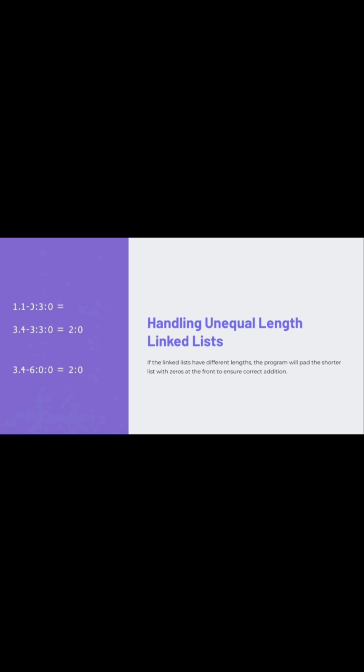The key points to remember when handling unequal length are: you need to check for null pointers, iterate until the shorter list ends, and handle the edge cases also. These are the key points to keep in mind while handling unequal length linked lists.